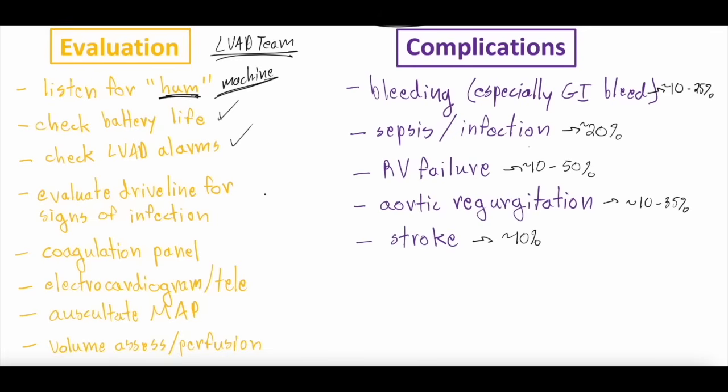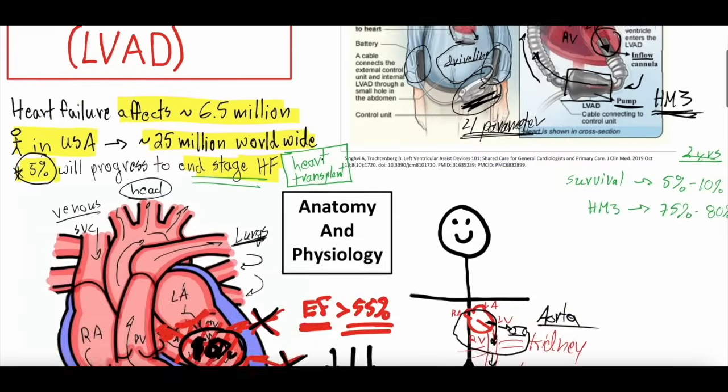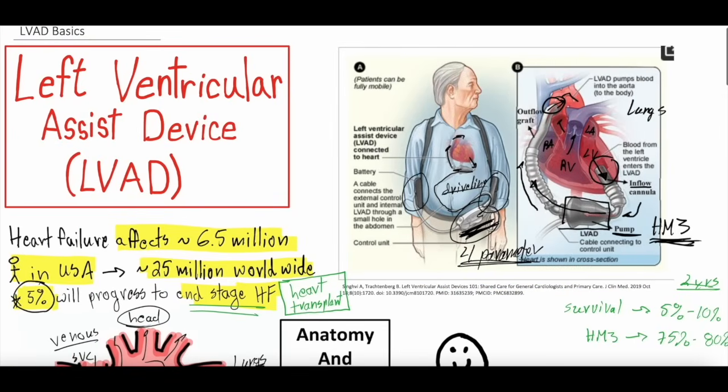Also look at the drive line for signs of infection. I'm going to scroll back up to that picture to remind you all what the drive line is. The drive line is literally this line that goes from inside the patient's body on the pump of the LVAD, through their abdomen, comes out the skin of their abdomen and plugs into the controller unit.